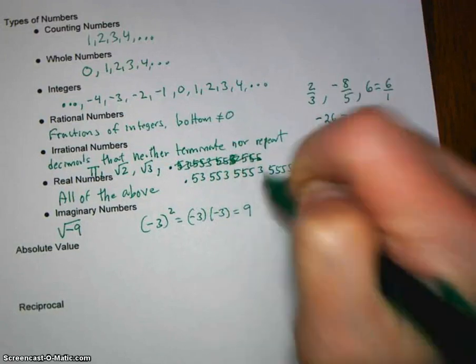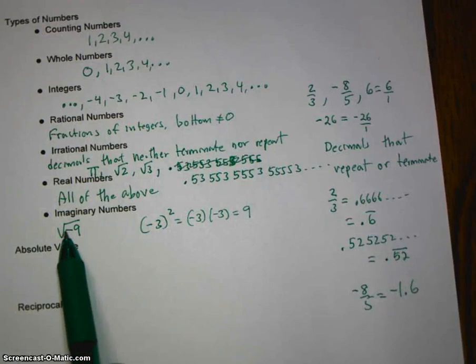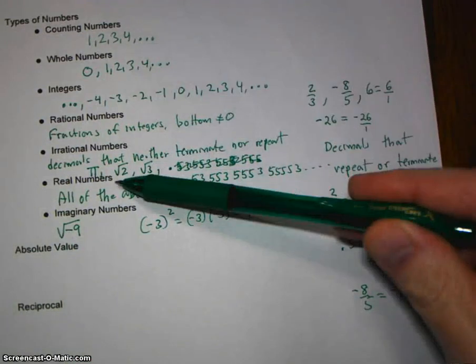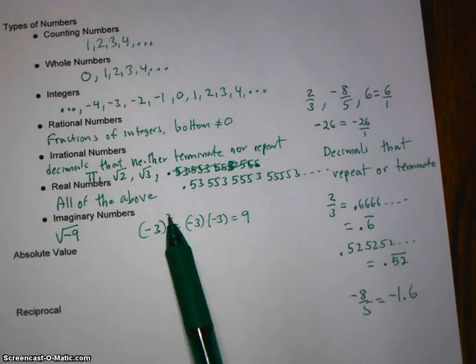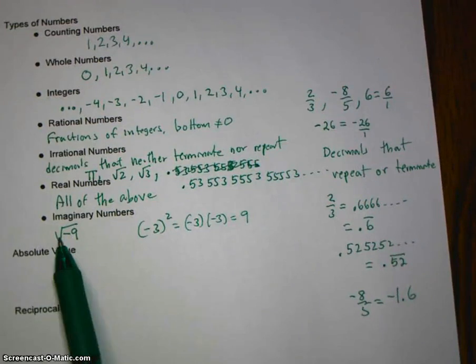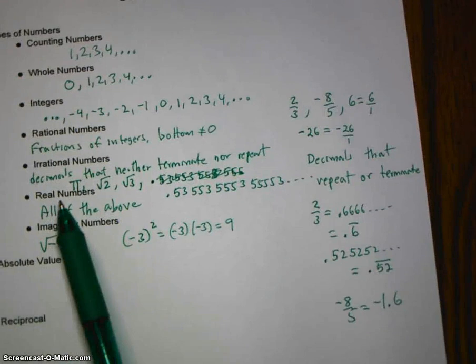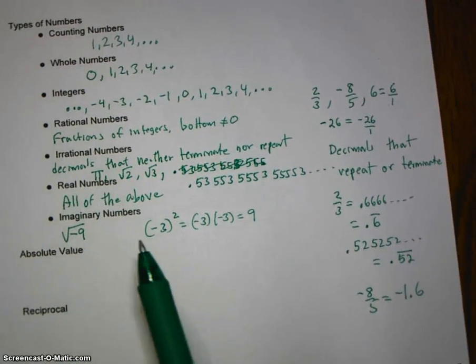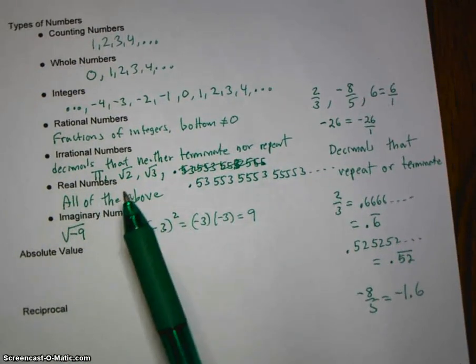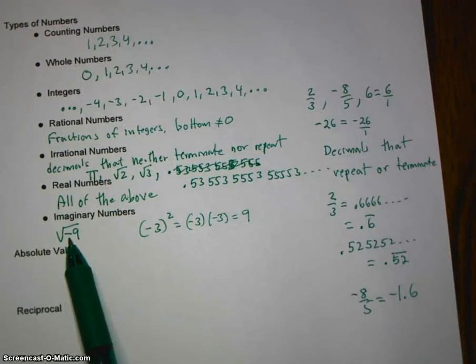When I multiply two negatives, I get a positive, I get 9. There isn't a real number, none of these kinds of numbers up here, that I can square and end up getting the number -9 back. So that makes this an imaginary number. We're not going to deal much with imaginary numbers in this class, so you don't have to worry about them a whole lot, but they'll show up in your book. Basically, you're going to have imaginary numbers when you have negatives under a square root.